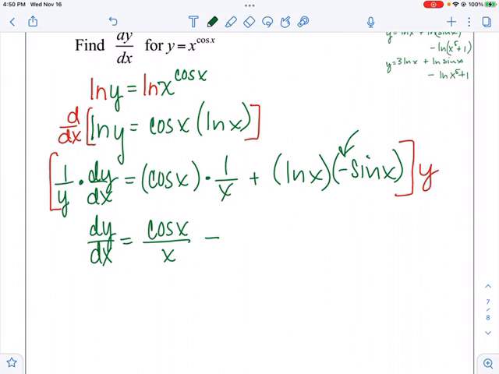And so I'll write that as sine x ln x. I don't know why I like it that way, but it doesn't matter. It's the commutative property. So I'm going to take all that and multiply by y, which is x to the cosine x.